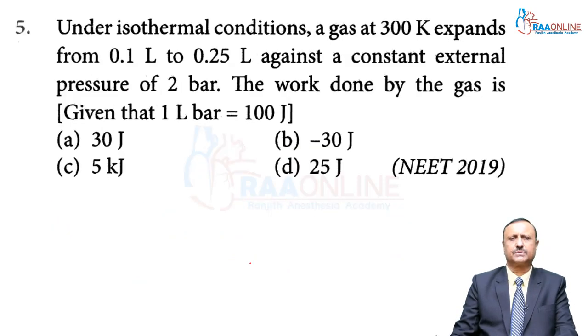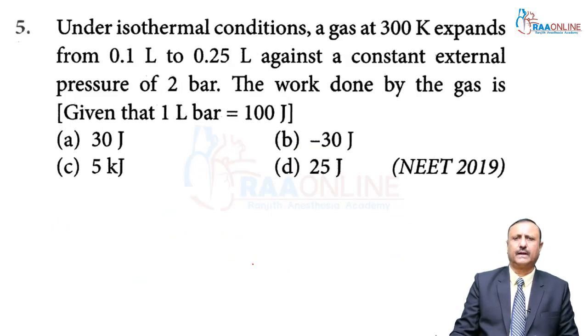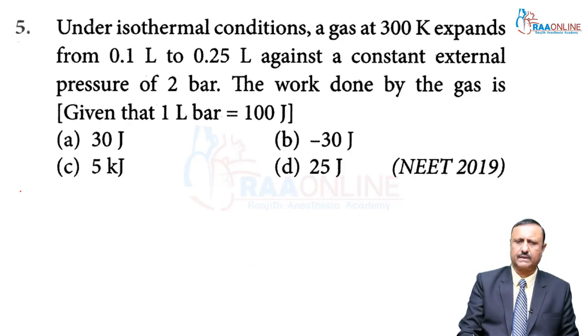Now, we can see question number 5, my dear students. Under isothermal conditions, a gas at 300 Kelvin expands from 0.1 liter to 0.25 liter against a constant external pressure of 2 bar. The work done by the gas is given by, and what is the concept and formulas?